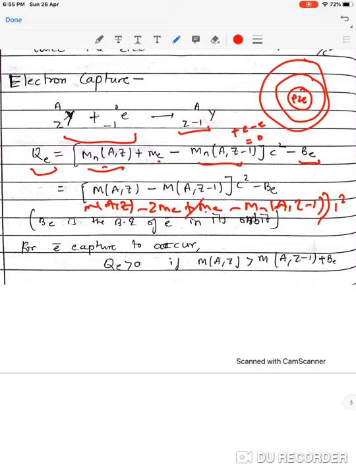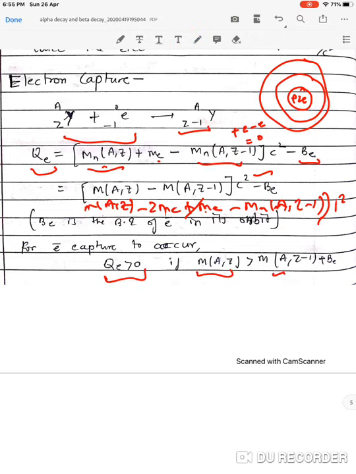The remaining expression is (m_A(Z) minus m_A(Z minus 1)) c squared minus B. So for electron capture to occur, Q_EC should be greater than 0, which implies the atomic mass of this atom should be greater than that of the daughter.